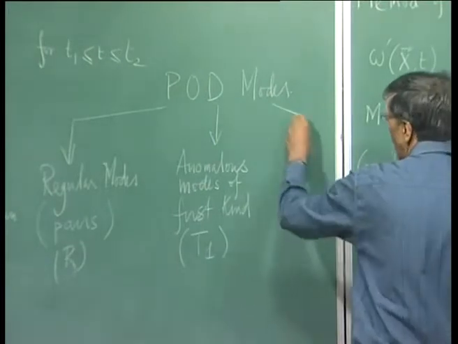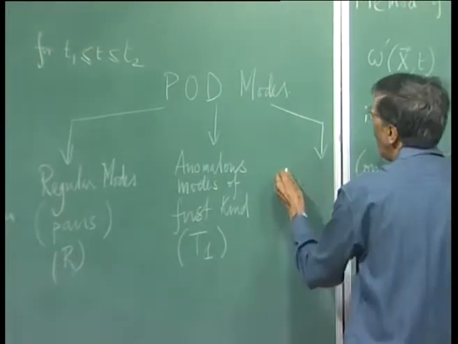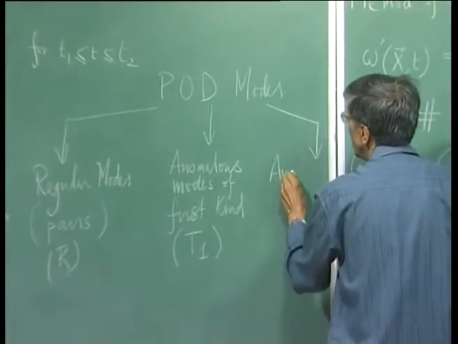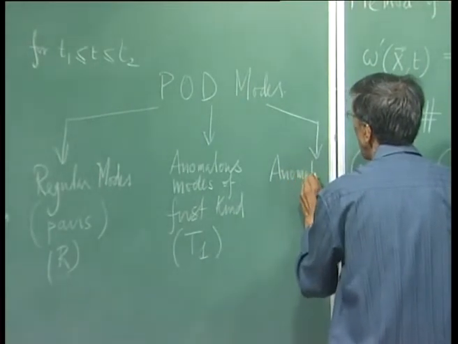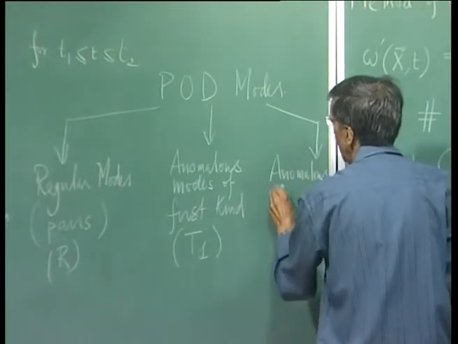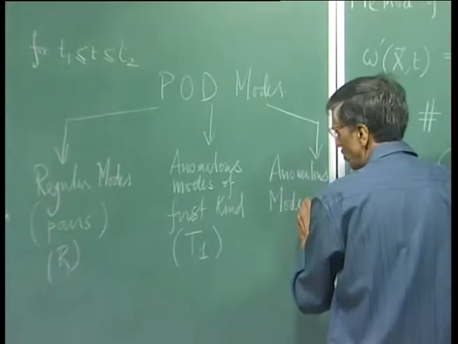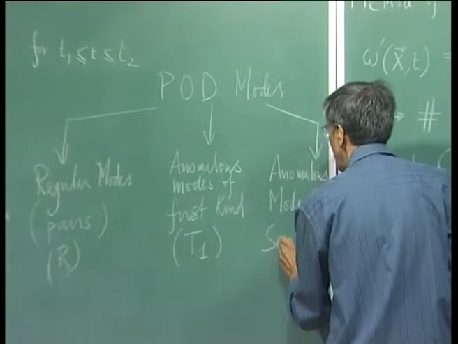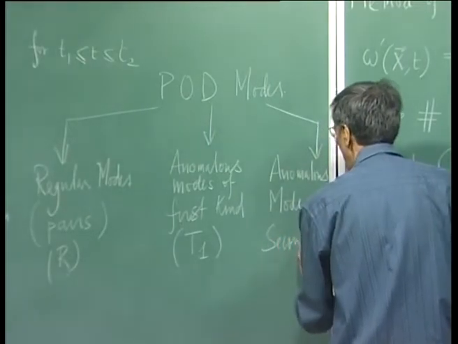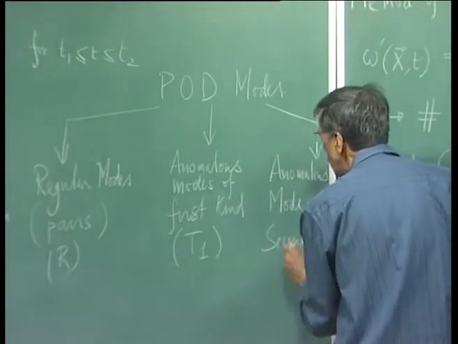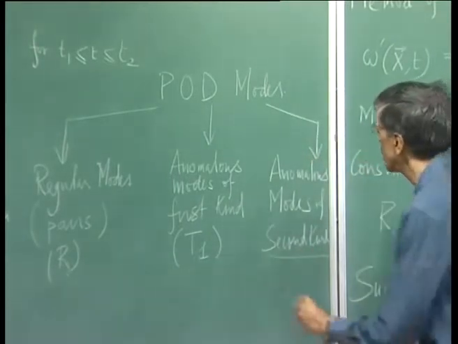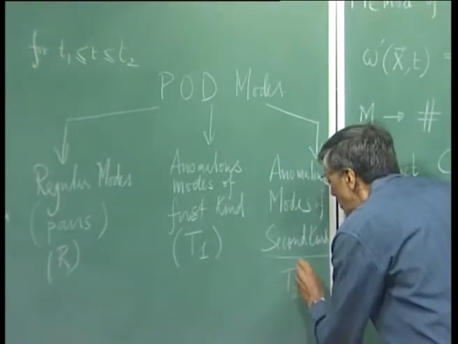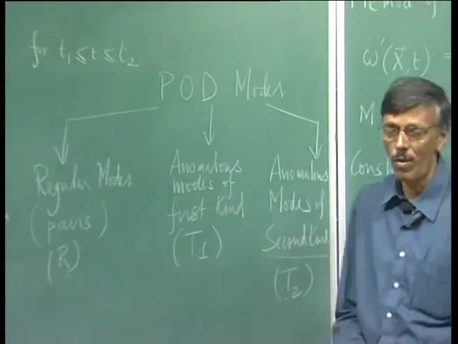And we are going to talk about a third classification, which is also anomalous modes, but they do form pair. So this T2 mode that we are talking about, they also form pair.